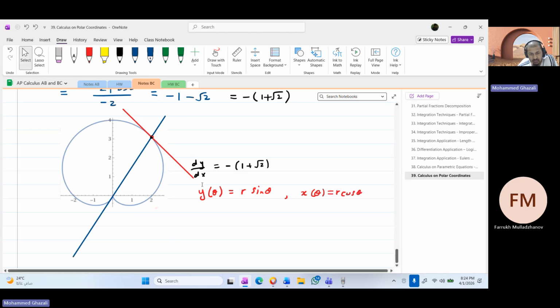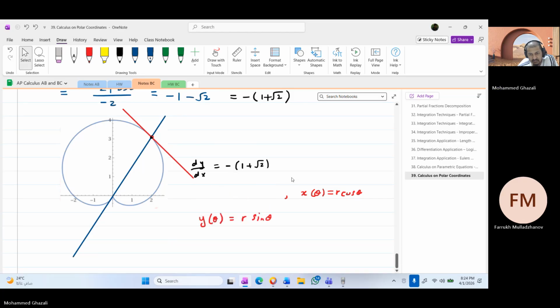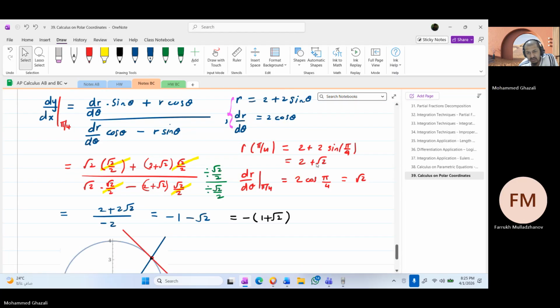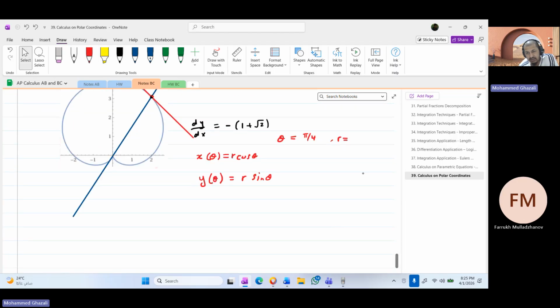Now, what's the theta value? Theta value is 45 degrees, and remember, theta is equal to pi by 4. And what was the R answer? Didn't we have an answer for R? The answer for R was 2 plus root 2, R evaluated at 2 plus root 2.